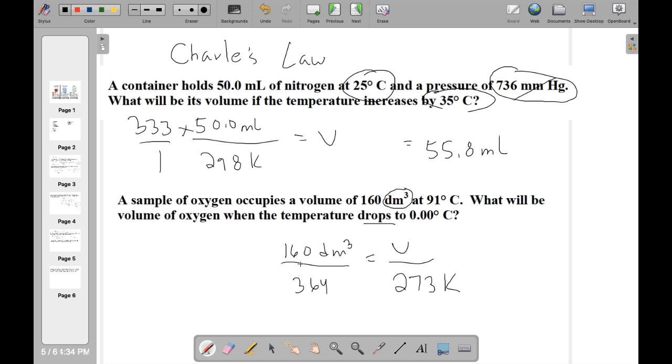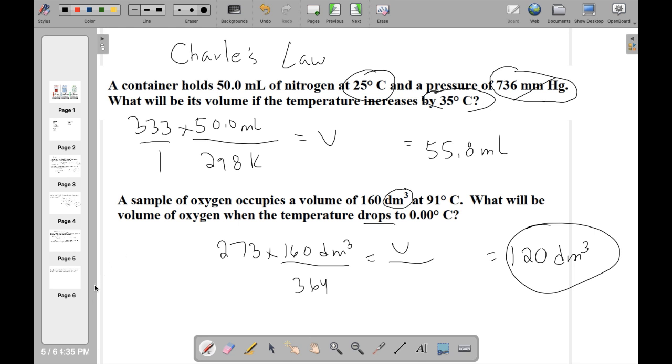I'm going to have to multiply both sides by 273. Volume equals 273 times 160 divided by 364. And I should get the answer of 120 decimeters cubed.